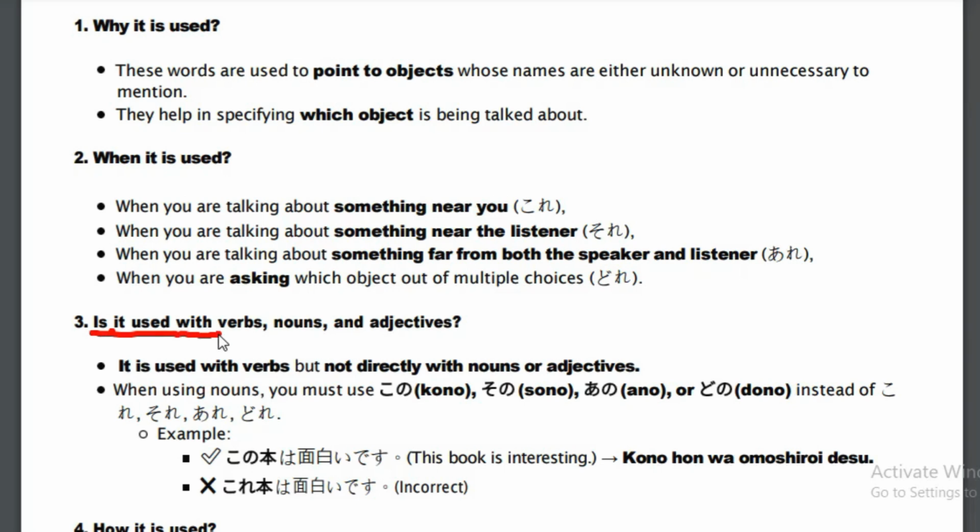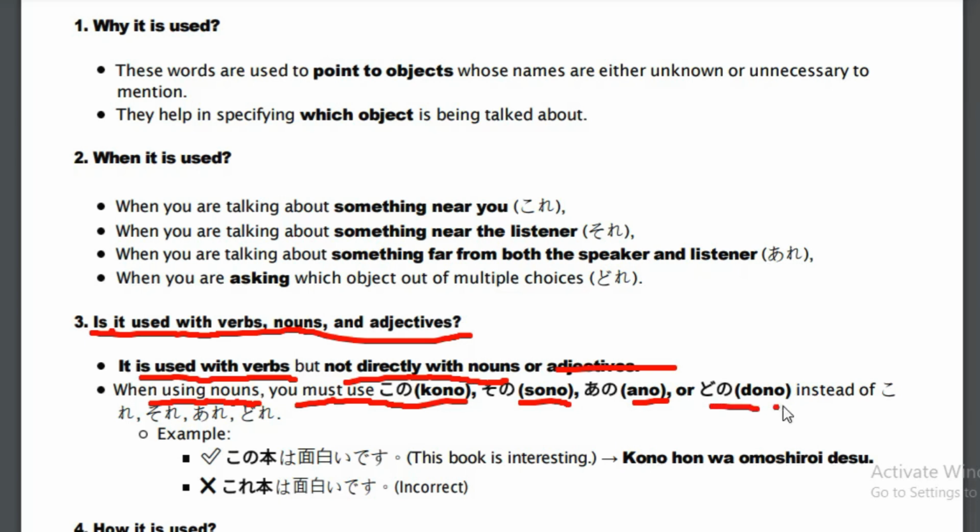So is it used with verbs, nouns or adjectives? It is used with verbs but not directly with nouns or adjectives. When using nouns, you have to use kono, sono, ano, or dono instead of kore, sore, are, or dore.